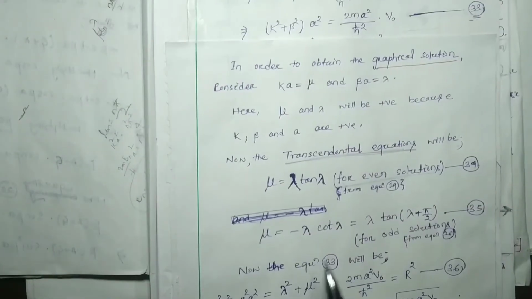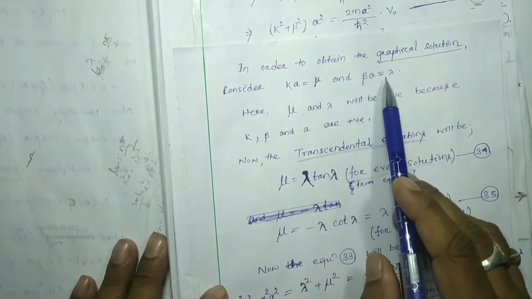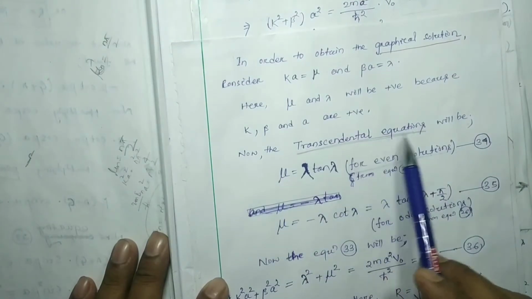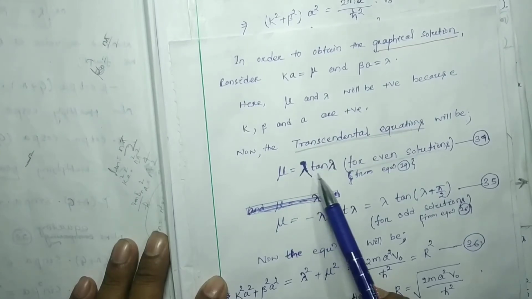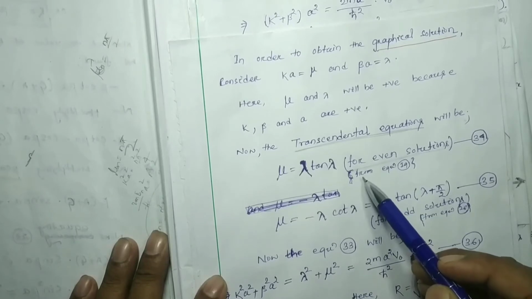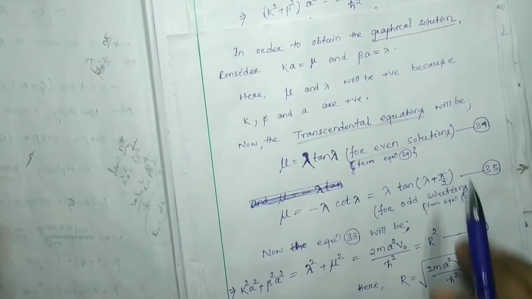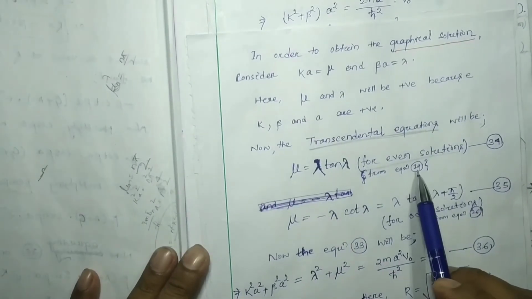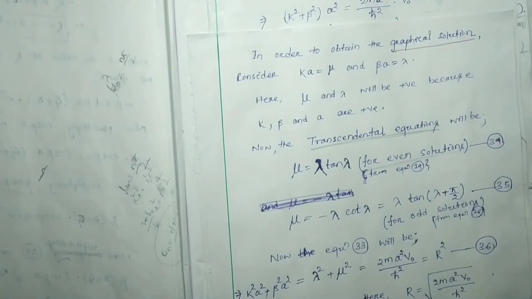Okay, so by considering k a equal to mu and beta a equal to lambda, now the transcendental equations will be mu equal to lambda tan lambda for even solutions. Just in brackets we wrote from equation number 19, it has been derived. Let it be equation number 34.